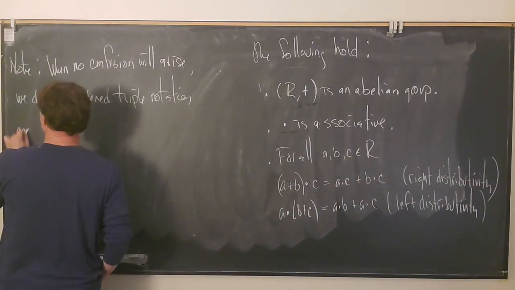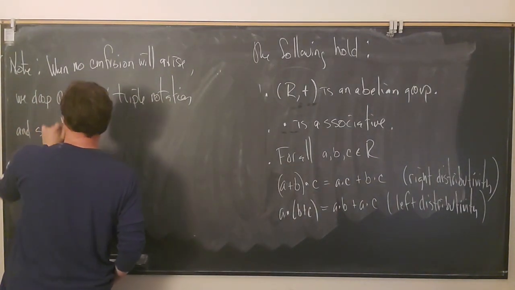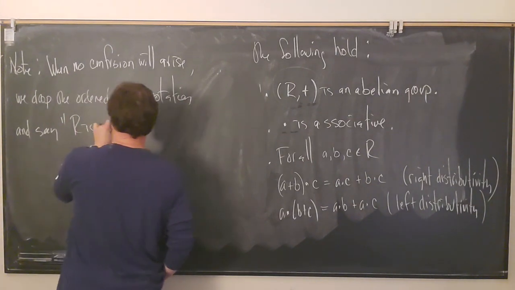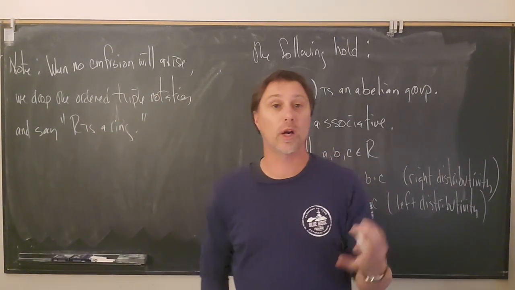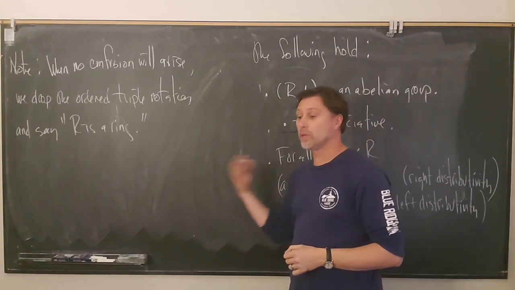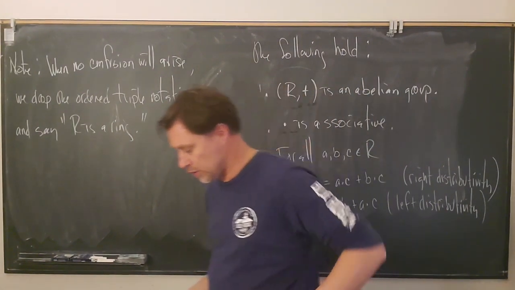We'll say R is a ring, and it will be understood that when we say the words R is a ring, there are these two operations, plus and dot, so addition and multiplication.